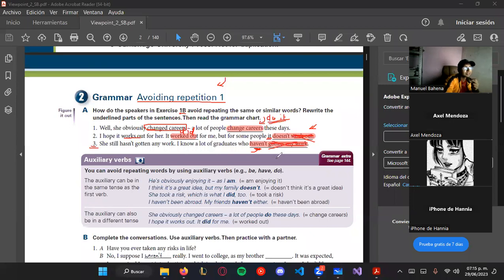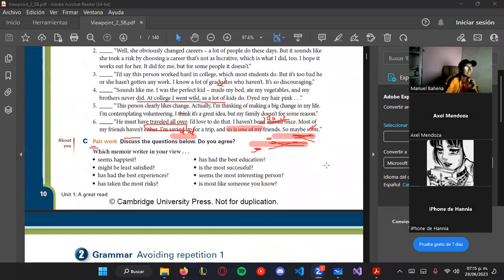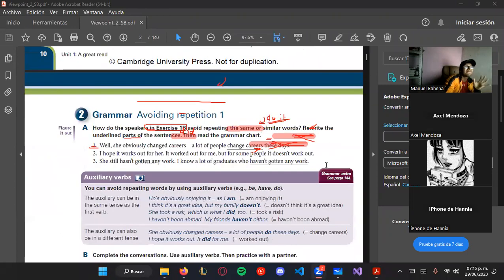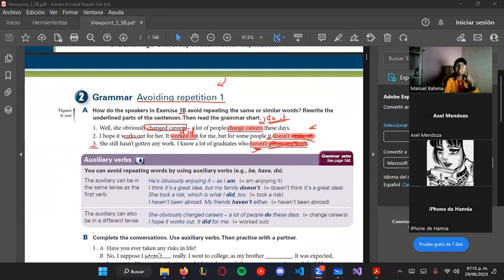Haven't do? Nope. It's another way of saying también. But when it's negative, pero cuando es negativo, haven't. Es el también de los negativos. Bueno, mejor dicho, sería el tampoco. Actually. ¿Cómo decimos tampoco?